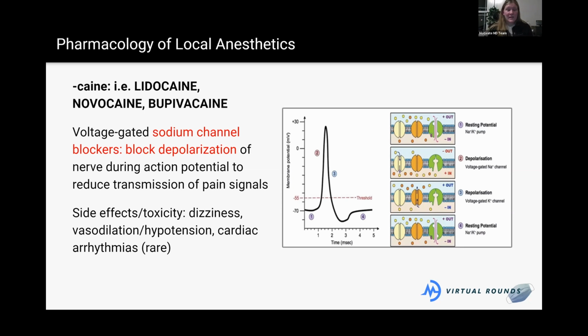We want to make sure that we keep them in the hospital as long as they need, to make sure that they're keeping down fluids and that their symptoms are controlled. That's the treatment for postoperative nausea and vomiting. I probably didn't say that in super extreme detail because our patient didn't have that, but we do want to make sure that we're providing adequate antiemetic medication for those patients.